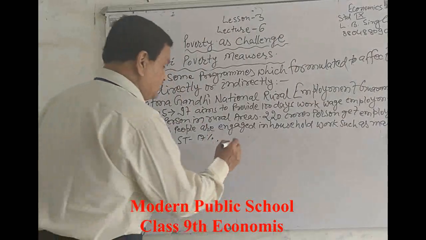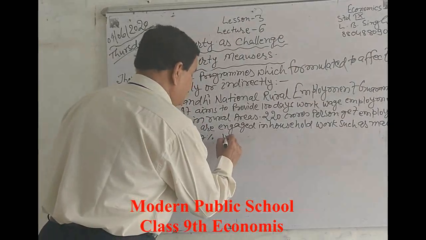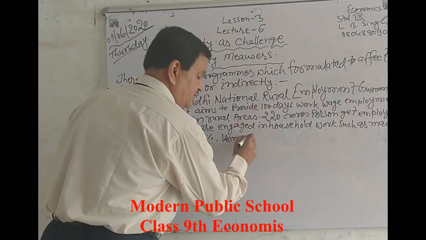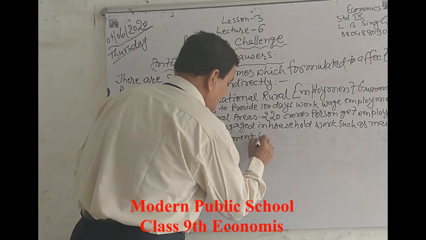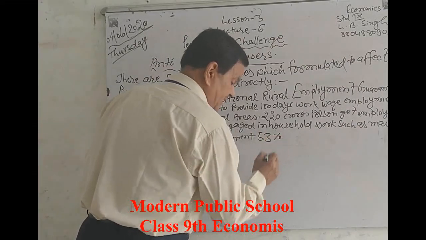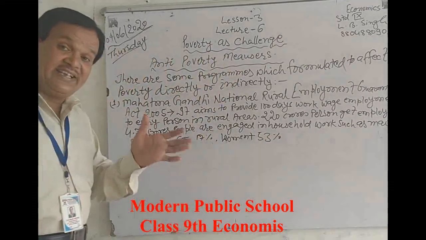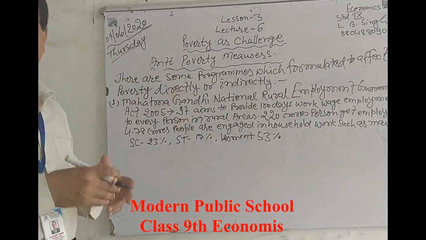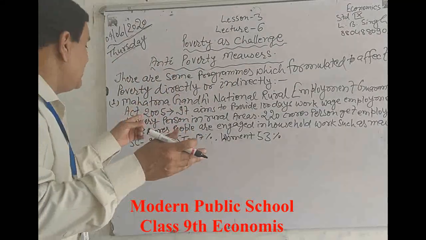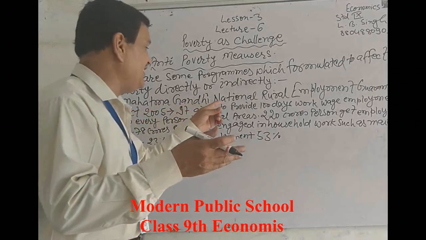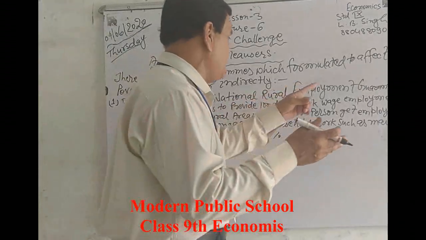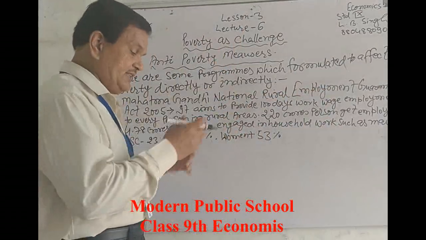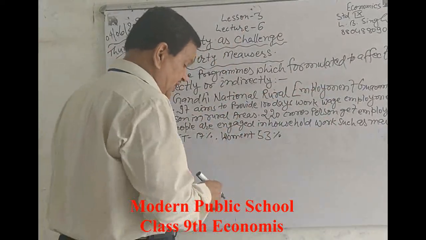There are women also. The women's percentage is 53%. That means women are getting jobs because they are not getting jobs in society, but due to the Mahatma Gandhi National Rural Employment Guarantee Program, women are getting 53% of the jobs altogether.